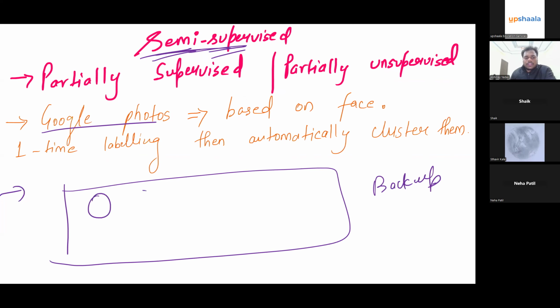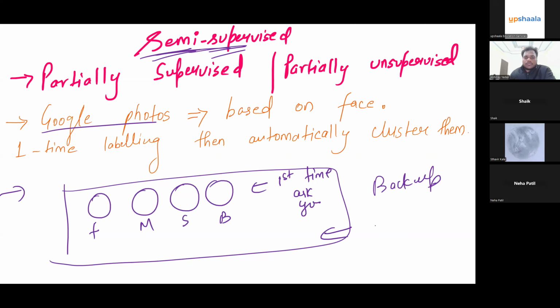Your father's, mother's, brother's and sister's faces are in there. The first time, Google asks you to label these faces. Suppose you label them as father, mother, sister, and brother. This is your first step. In the next step, Google categorizes your photos.